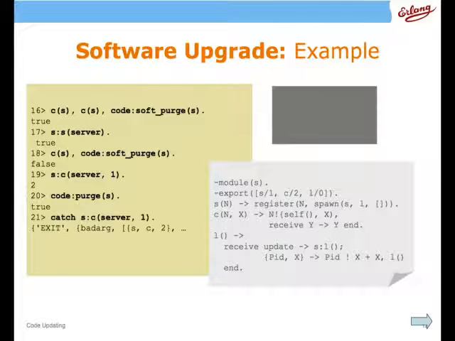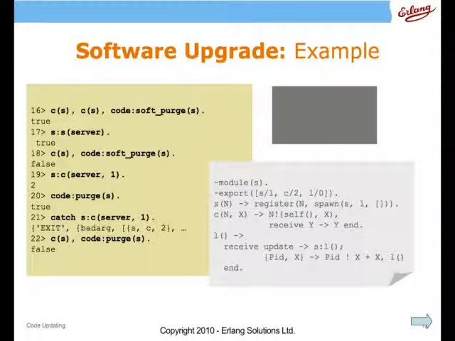Then if we try and call that server again, we can see that the system has crashed, because the purge kills all processes that are running the old code. You can see that happening there. Now if we compile again and purge, we get the result false because there are no processes running the old version of the code.